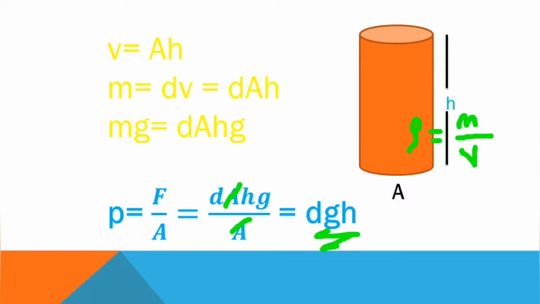So the pressure due to liquid depends on the density and on the depth of the liquid. By the way, the depth is measured from the upper surface of the liquid down to the point. So when we go deeper and deeper down in the container, the pressure will increase.